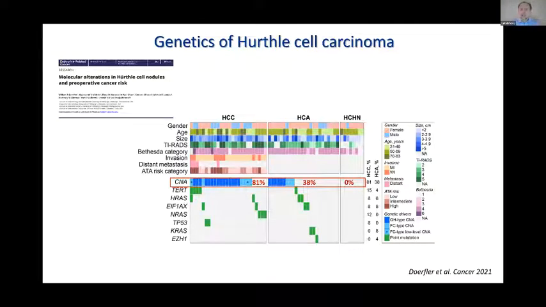So are these copy number alterations specific for Hurthle cell carcinomas? The answer is no. Although about 80% of Hurthle cell carcinomas have these copy number alterations, a subset of Hurthle cell adenomas also have such alterations, but not Hurthle cell hyperplasia seen in Hashimoto's thyroiditis. Is it surprising? No, because Hurthle cell carcinomas unlikely develop from 1 or 2 millimeter tumors.